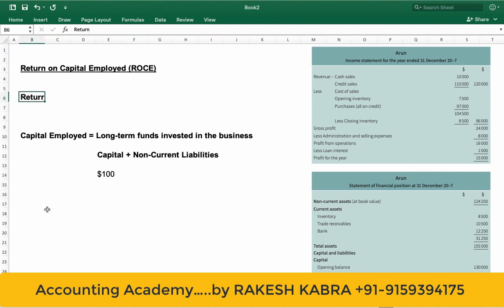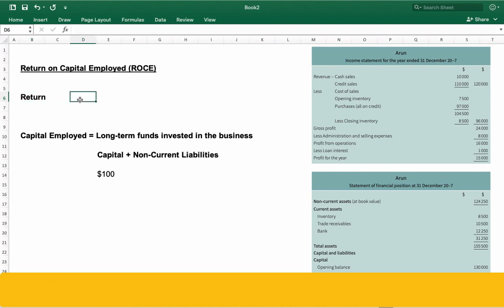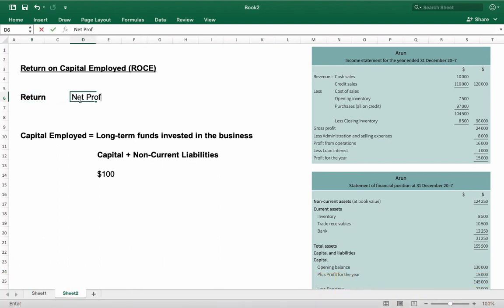Now we will understand what is return. We employed $100 in the business, or we can say the business is using $100, and against that $100 what the business is giving us is known as return. So here return means net profit before interest on non-current liability, or you can say interest on bank loan also.